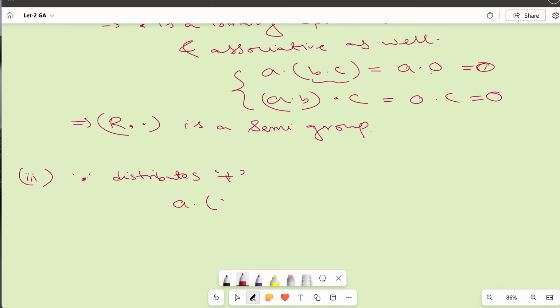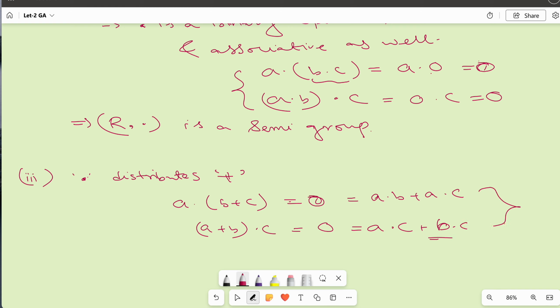A dot (B plus C), where B plus C is a member of R, will be 0, which is actually A dot B plus A dot C, right? And (A plus B) dot C is actually 0, which is actually A dot C plus B dot C, right?